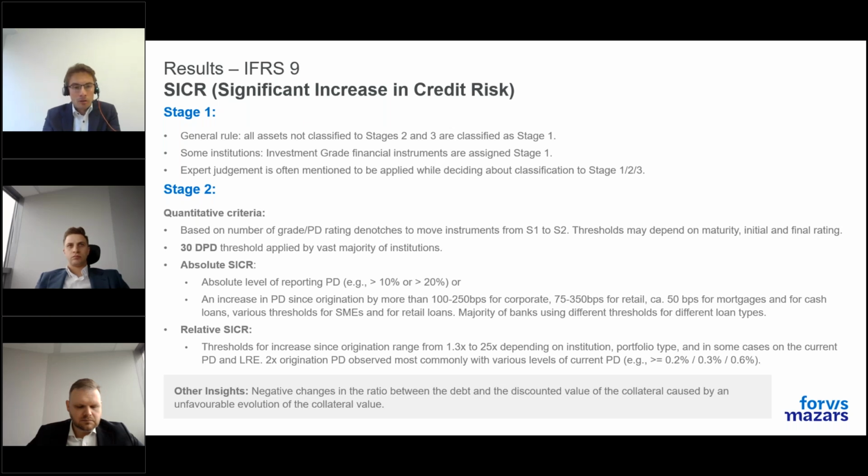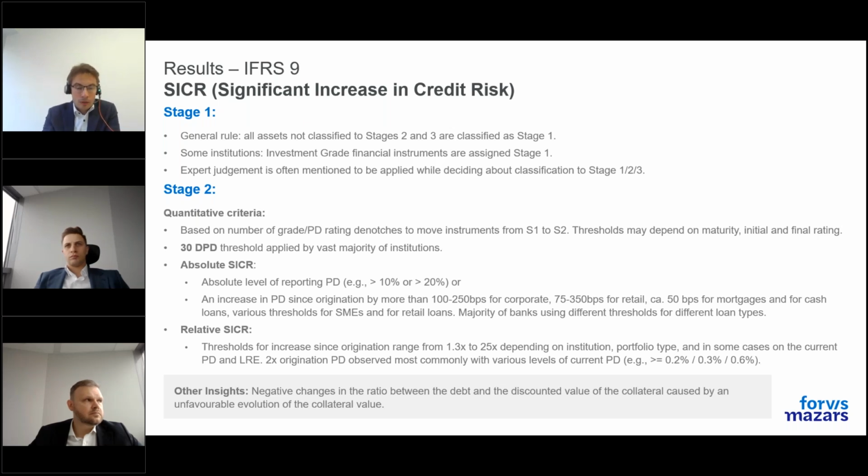And here we came across a very wide range of thresholds used to determine significant increase in credit risk. For example, from 100 to 250 bips for corporate exposures, 75 to 350 basis points for retail exposures, 50 bips for mortgage loans, but we came across different thresholds for this type of portfolio, and again various thresholds for SMEs and for retail loans.